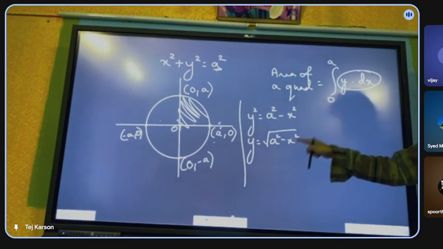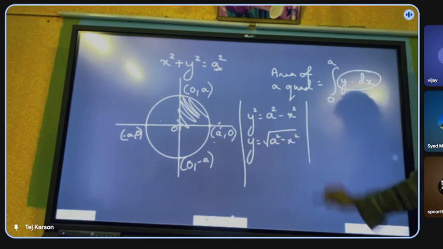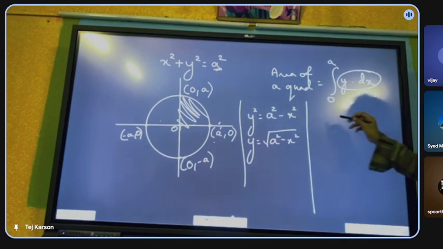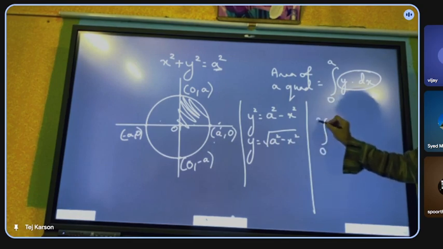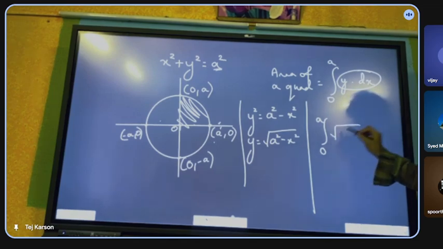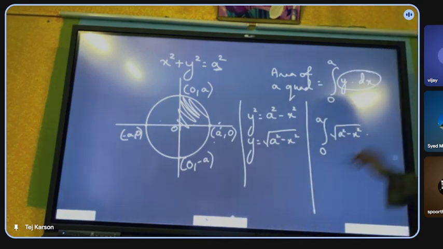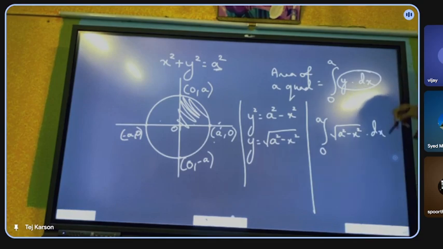The answer for y is in terms of x, therefore it will be dx. So in the next step, I'll write 0 to a. Instead of writing y, what can I write? Root of a square minus x square. If I write dy here, does it make sense? Obviously no, because it is changing with respect to x. It has to be in terms of x. So I'll write dx. Now are the things matching?